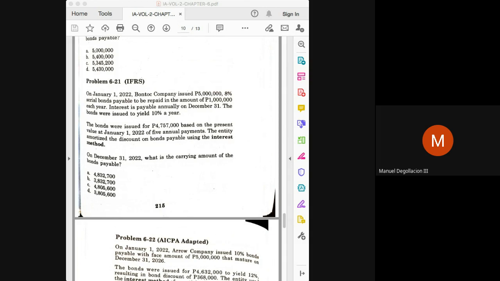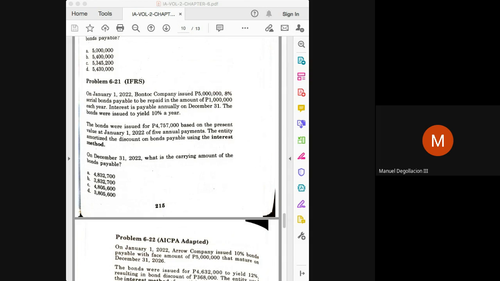Okay, so it is this 924,300 that will be deducted from the previous carrying amount. How much is the previous carrying amount? It's 4,757,000 minus the portion of the payment to be applied to the principal of 924,300.